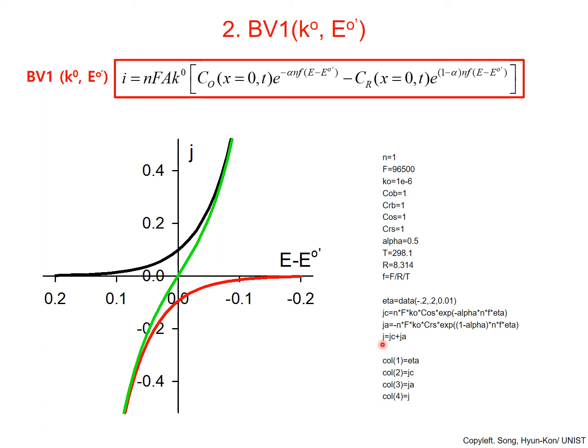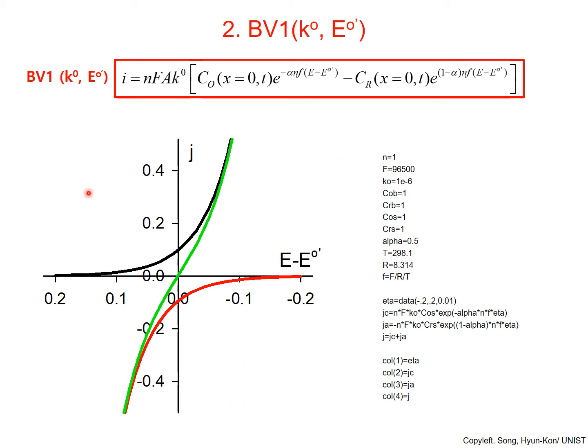The overall current is the summation of cathodic current plus anodic current, and the cathodic current is the first part of the Butler-Volmer equation, and the second current term is the second part of the Butler-Volmer equation involving the minus signs here. So the summation of those cathodic and anodic processes is going to the overall current here.